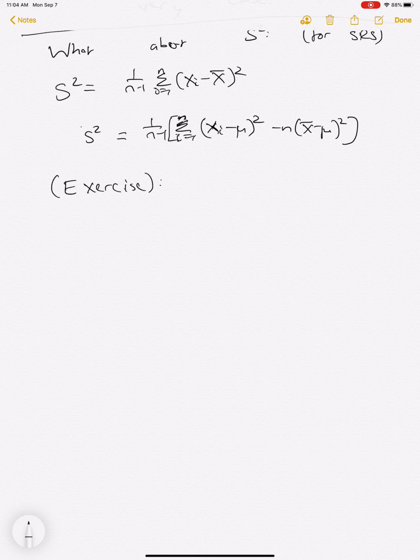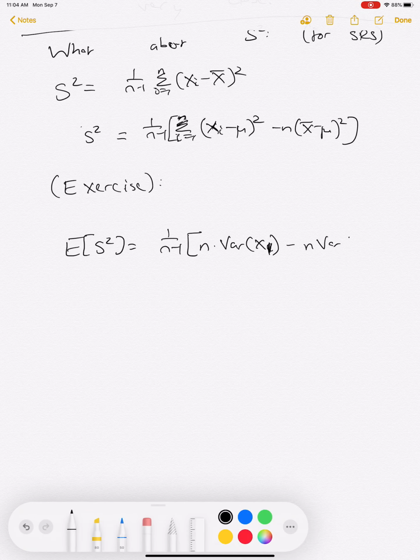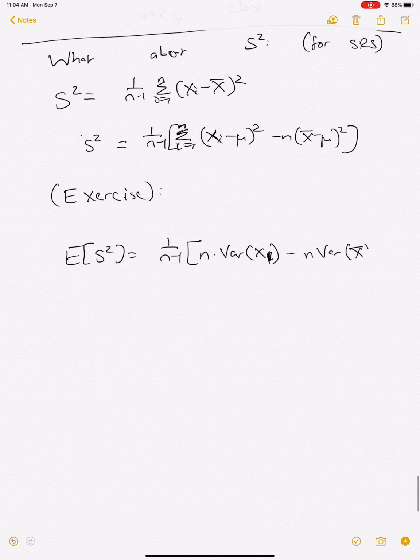And so we can once again see that this is going to be n times the variance of x1, minus n times the variance of x bar.